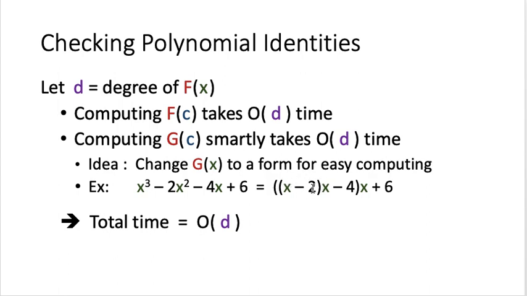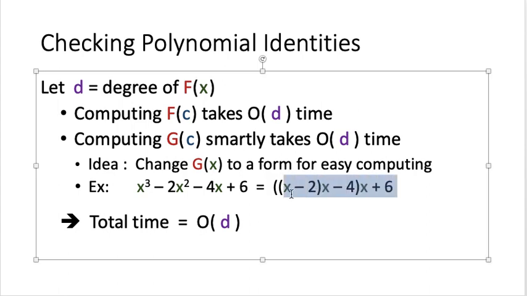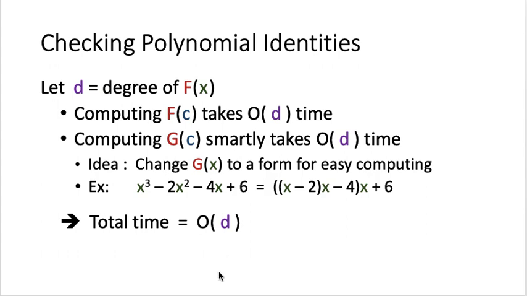And the x minus 2 will then be multiplied by x, so that it becomes x squared minus 2x, right? And then minus 4, you take one more term. Altogether, multiply with x, and then in the end, you add 6. You will see that this form is exactly the same as this one. They are representing the same function.